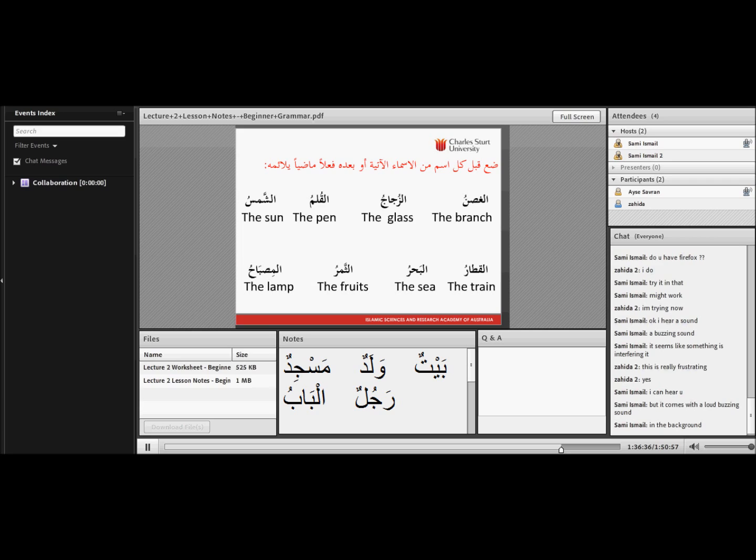Good. قطيعة الغصن. So قطيعة is a passive verb. Anyway, we'll get to active and passive some other time. But that's correct. قطيعة الغصن, the branch was broken or cut off. Okay, good. أحسنتي.